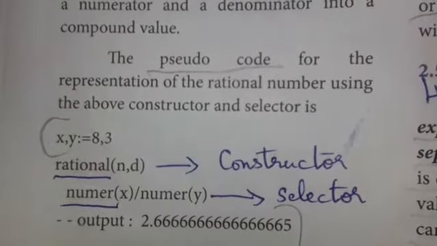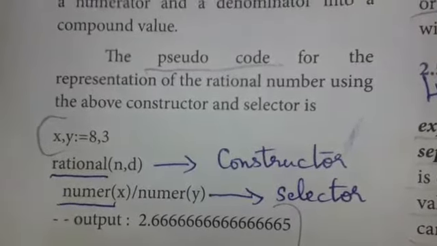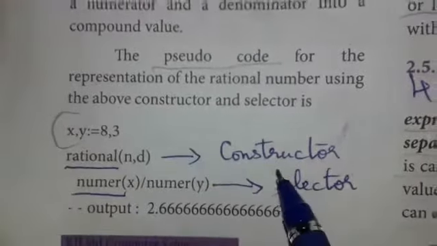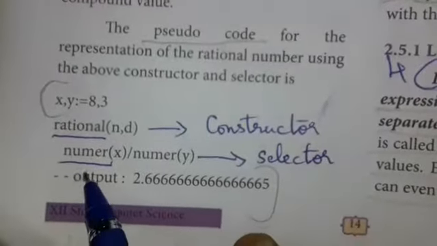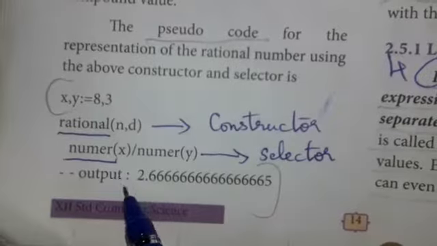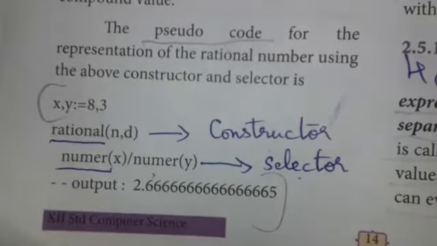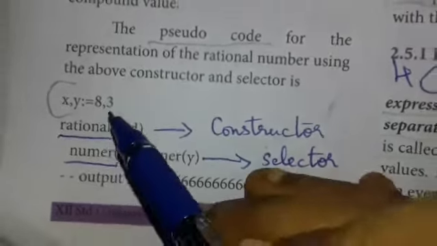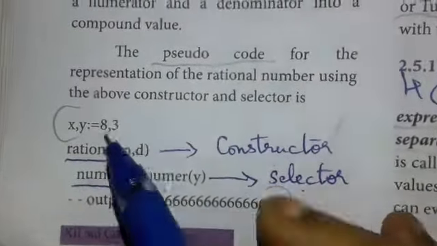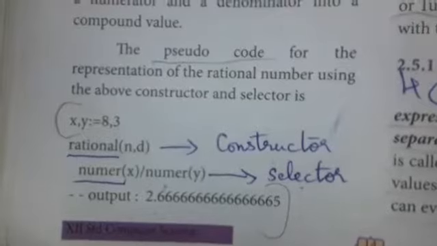So x, y is equal to 8, 3. Rational is the constructor, then numer and denom, which are the selectors, are used to take the answer. And now the answer for 8, 3 will be 2.66.